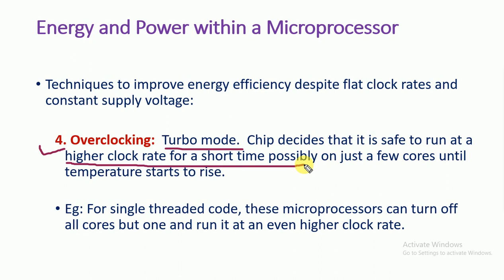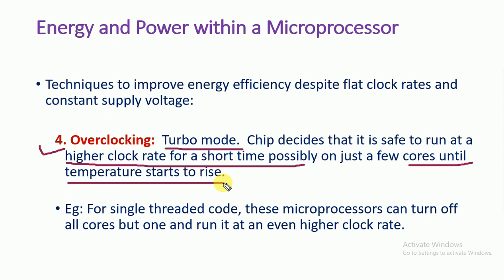So what happens if we increase the clock rate or clock speed? Automatically more power will be taken and automatically it will raise the temperature. So up to that temperature rise, what we can do is just increase the speed of the clock rate, and that is called overclocking. That will happen only when we are working on a crucial operation, some major operation.